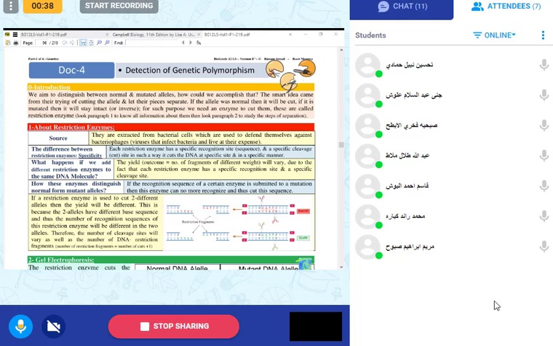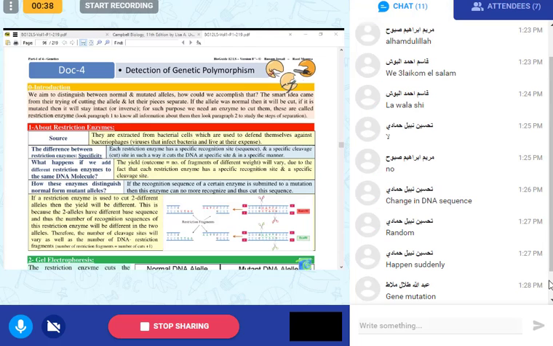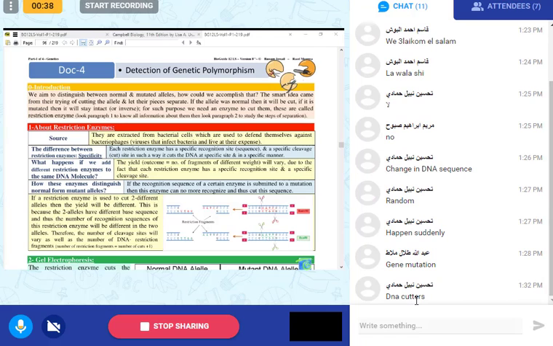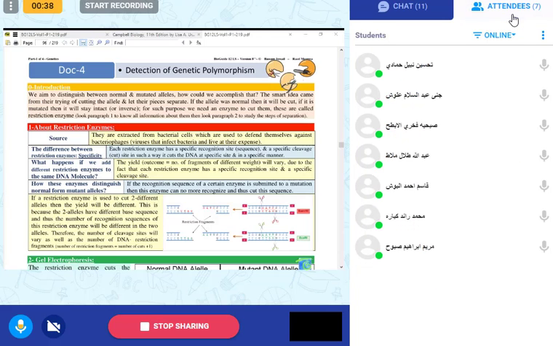Restriction enzymes, what are they? DNA cutters. Good, Tahsin. DNA cutters. Okay, Subhiyya, do they cut randomly in any place of the DNA, or do they have a specific sequence?